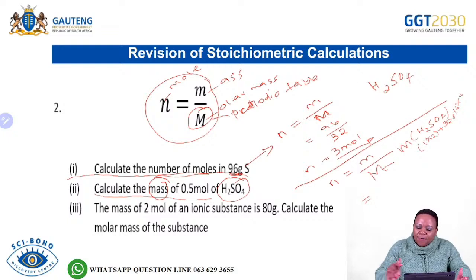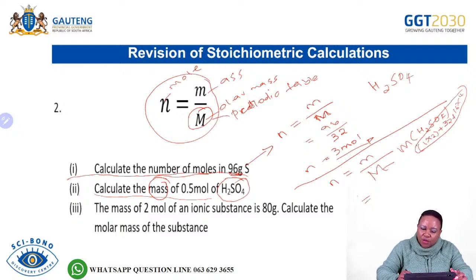Therefore, to calculate the molar mass, we add all the atomic masses together, also accounting for how many atoms there are of each element in the molecular formula. Therefore, we get 98 grams per mole.